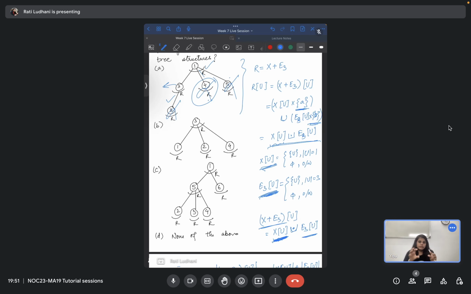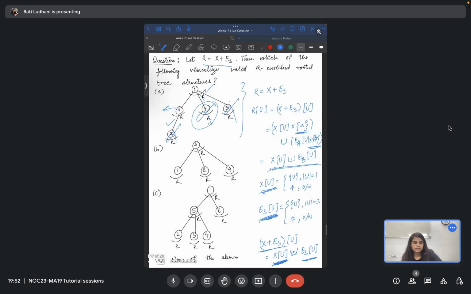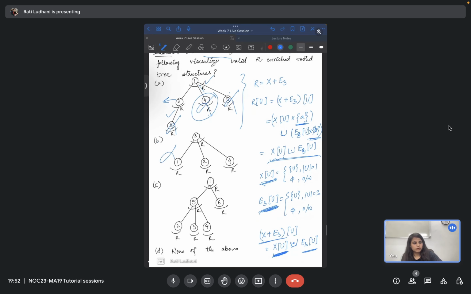So at the end you will get something which will not have any children, and on that you need to have an R structure. So 5 should have an R structure. But if that is not the case, then you are never going to get any R enriched rooted tree there. So this is again false because of this, and again same here. So these will not be okay. So none of the above.